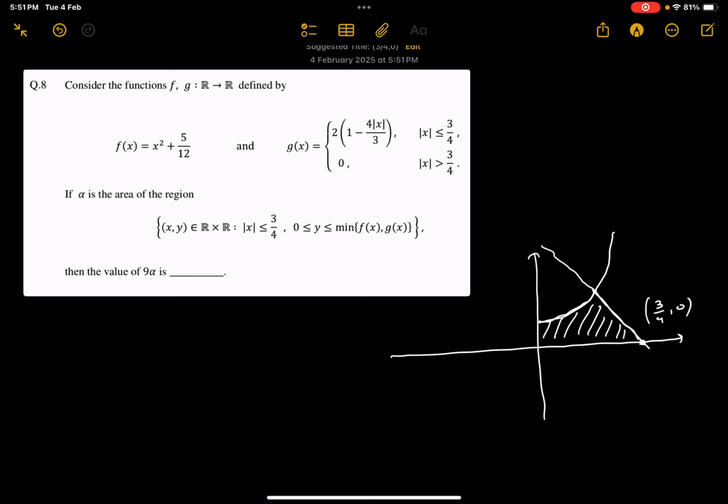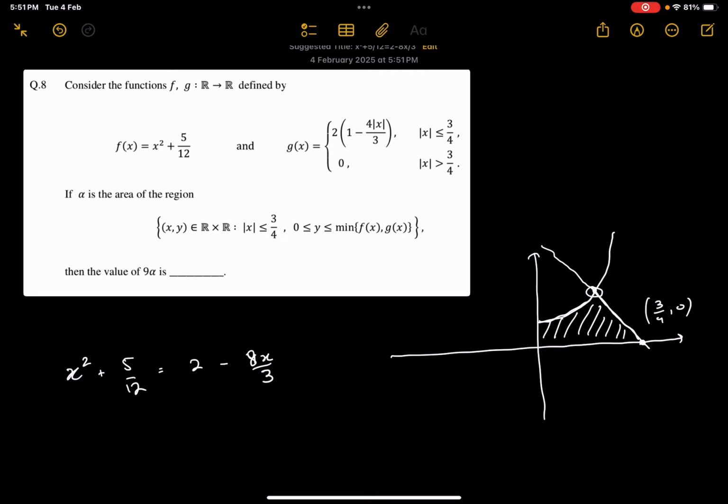So we'll find the point of intersection, that is x square plus 5 by 12 equals 8x by 3. Again I am replacing mod x by x because I am trying to find this point of intersection with x greater than 0.